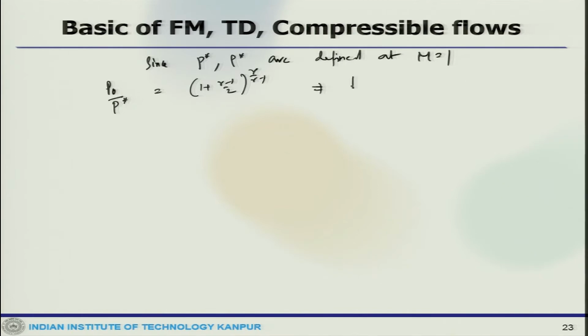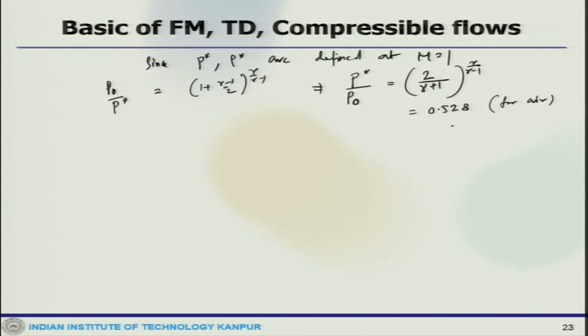So, which means P star by P naught is 2 by gamma plus 1 to the power gamma by gamma minus 1, which would be 0.528 for air.